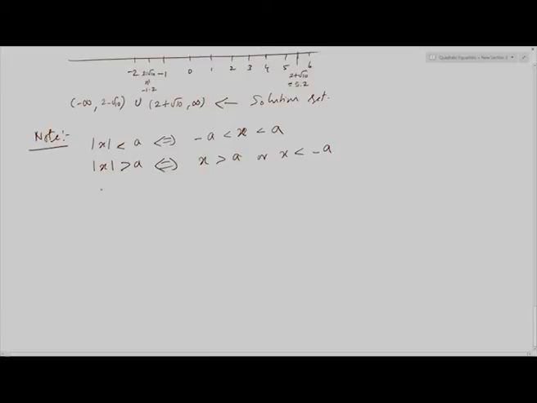Similarly, we have already seen an exercise involving squares. For example, x square is greater than a square. Generally people write x is greater than a and leave it, but it is not correct. What we have to do is, x square is greater than a square if and only if either x is greater than a or x is less than minus a.